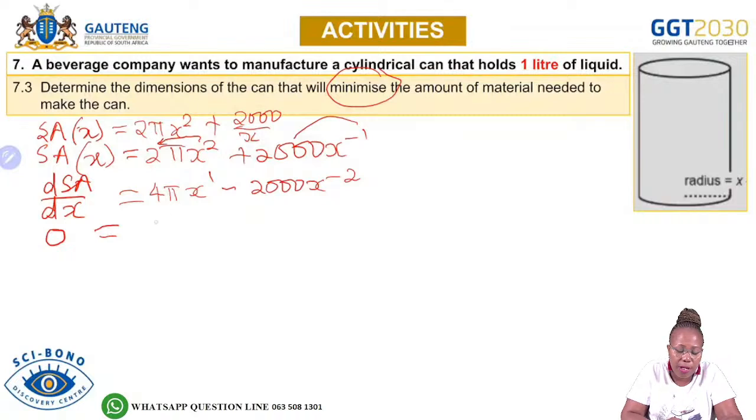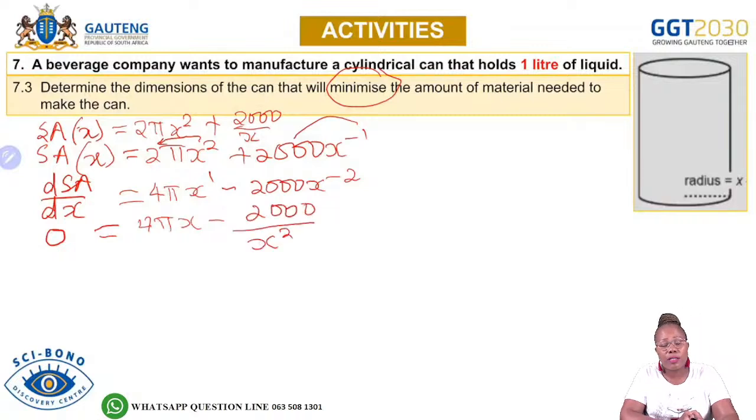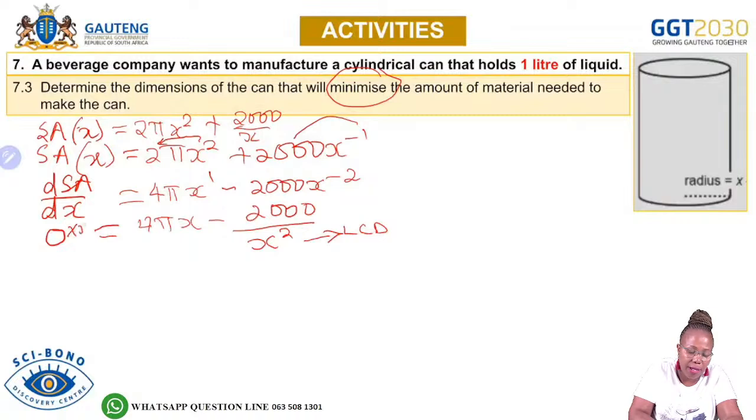And then now we have 4 pi x minus 2000, write this in fraction form, over x squared. Our LCD is x squared there. So we are going to multiply throughout by the LCD. If we multiply 0 by x squared, it will still be 0, equal to, we multiply 4 pi x by x squared, that will be 4 pi x to the power 3.